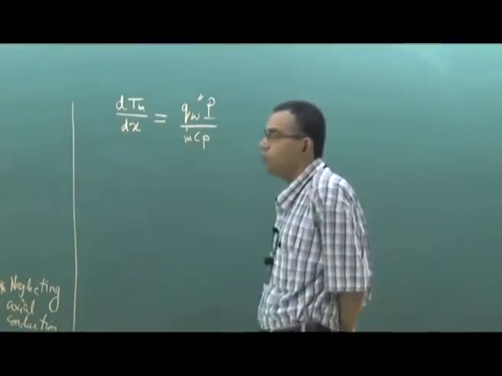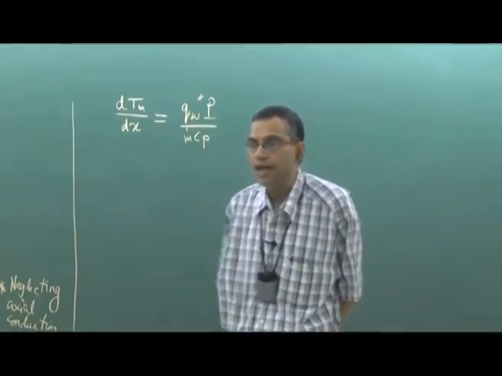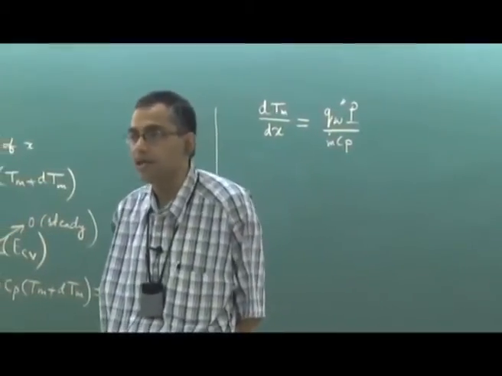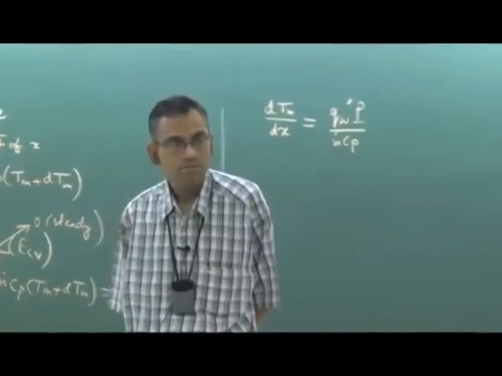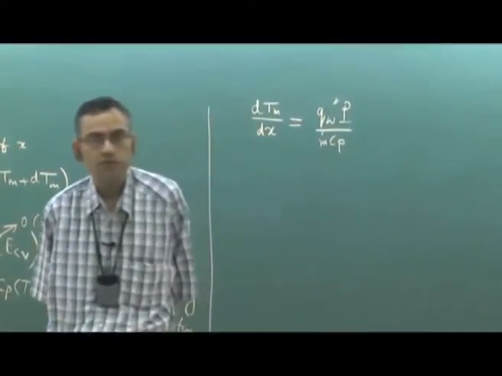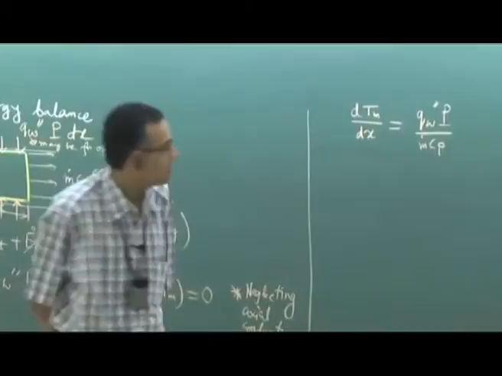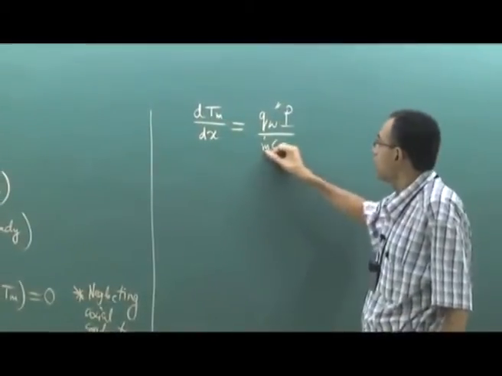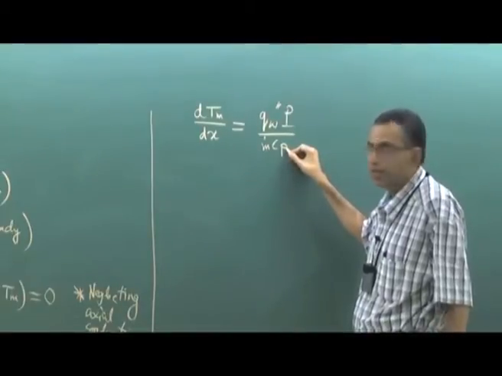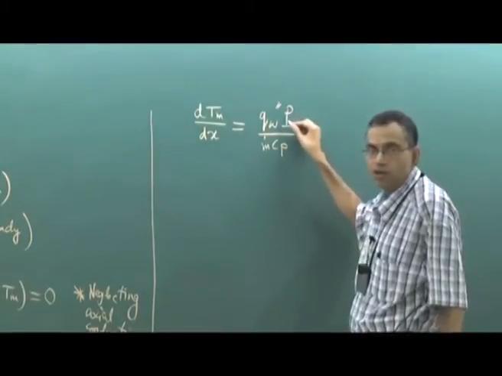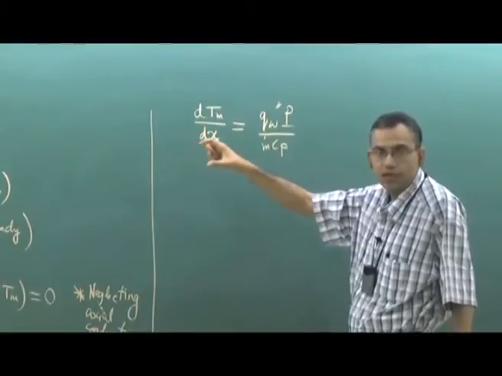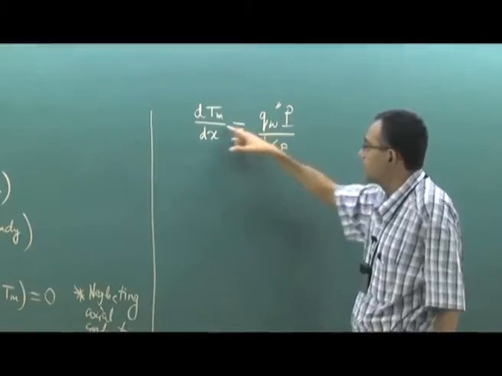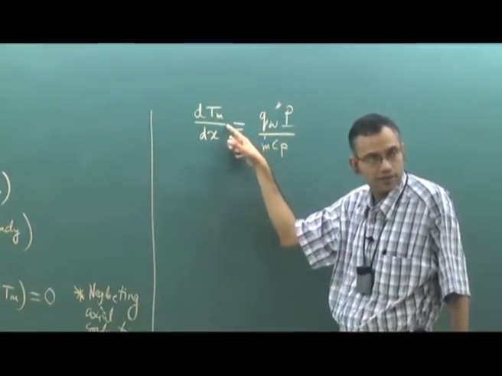Now can you tell from here that dTm dx is constant if wall heat flux is constant? Yes or no? Yes, because for steady flow rate m dot is constant, we assume that the properties are constant, and the perimeter of the cross section is a constant for the geometry that we are considering. So if the wall heat flux is constant, then dTm dx is constant.